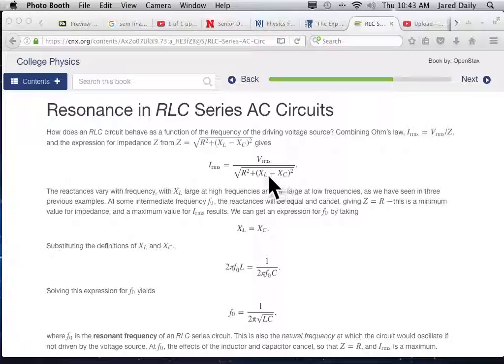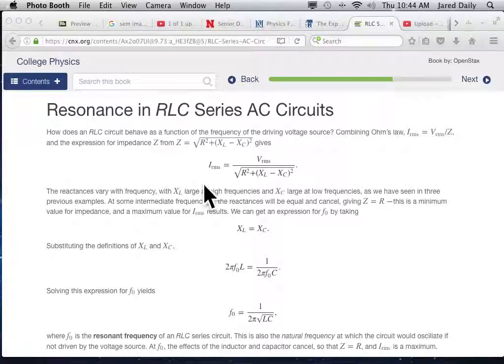If this difference down here is big, then the entire impedance is going to be big and the current is going to be low. If either one of these numbers is much bigger than the other, then we're going to have a big impedance, and we're going to have a number over a big number and we're going to get a small current.